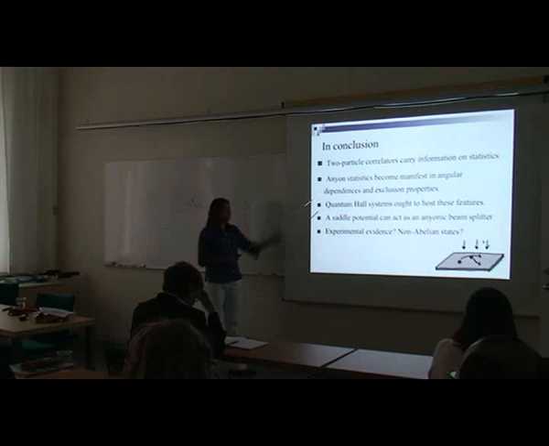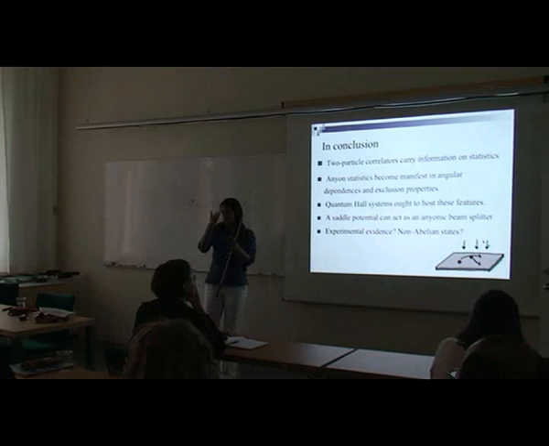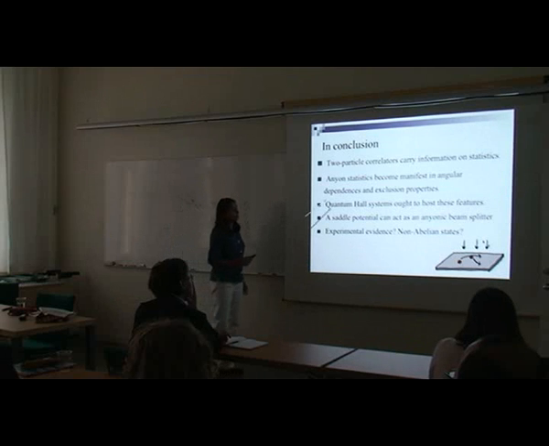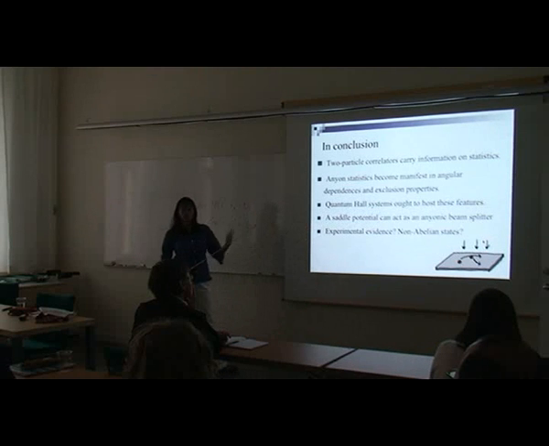The anionic statistics comes out in the angular dependence that I showed you, that 90 degrees is the special angle, and also in exclusion properties. These kinds of effects are in fact present in quantum Hall systems. It's just a question of what the best way is to explore them.